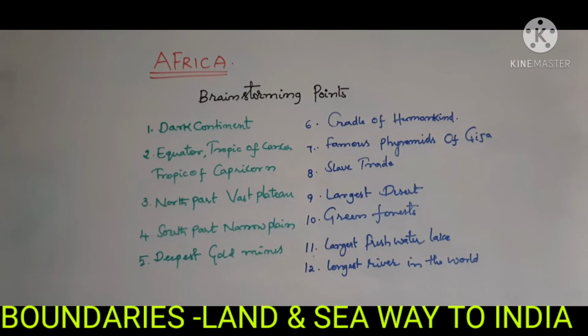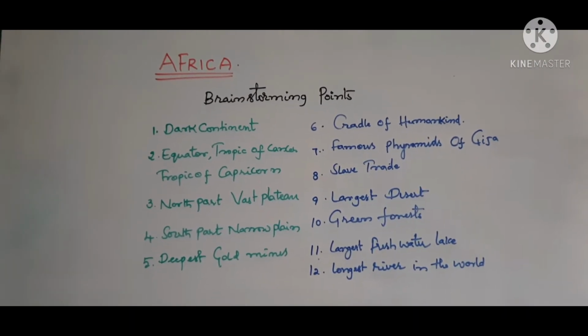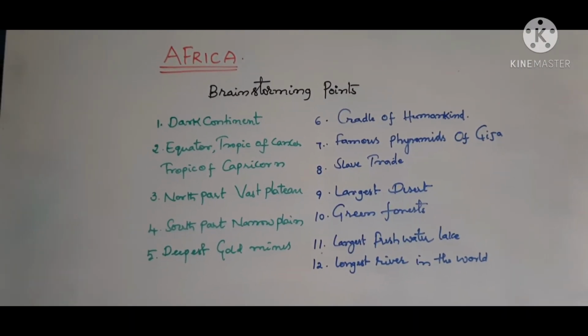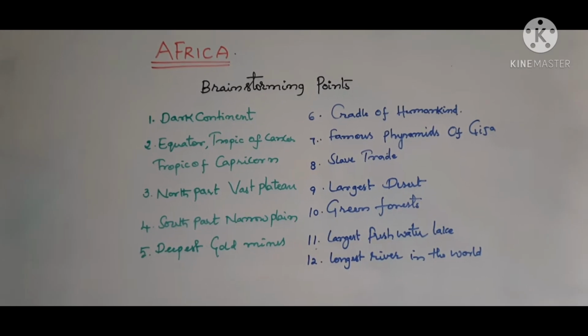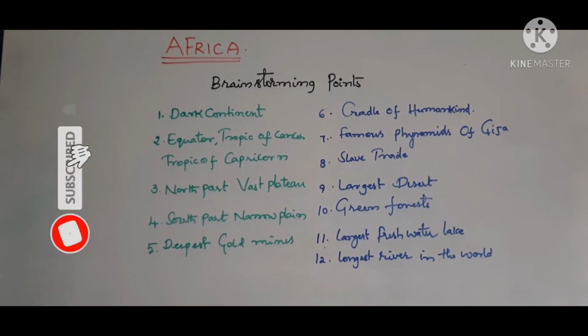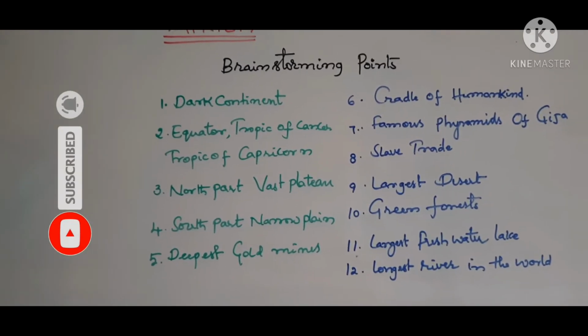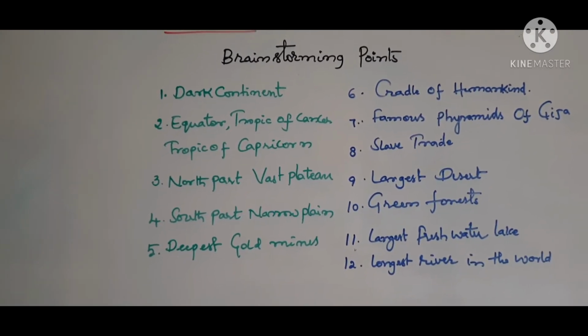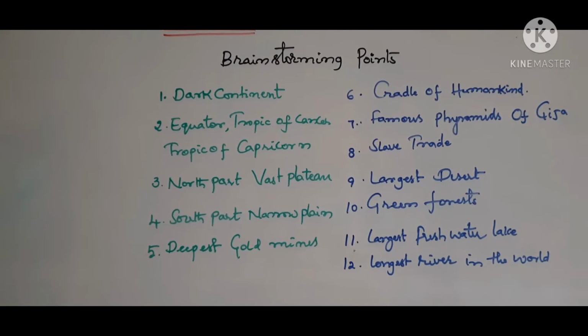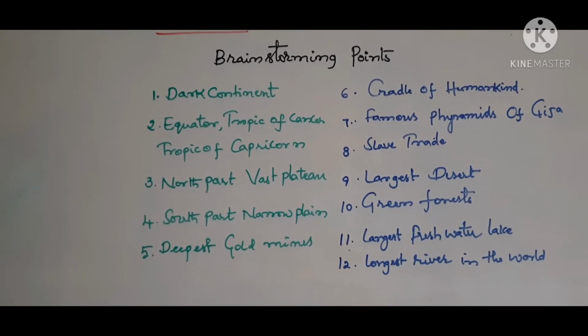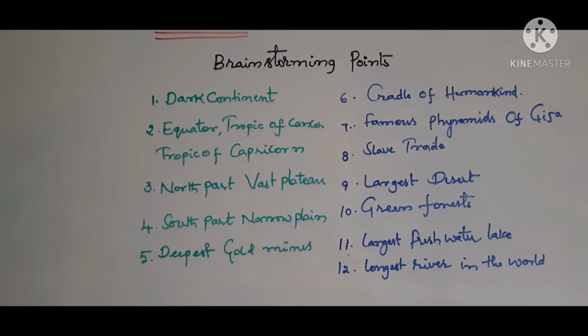The brainstorming points regarding Africa are written on the board. The first brainstorming point: dark continent. Africa is known as the dark continent. Africa remained unexplored for a long period.